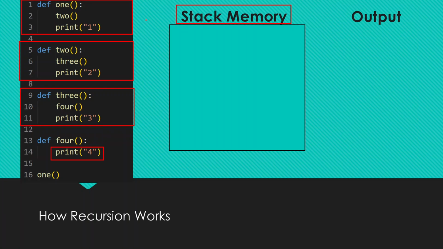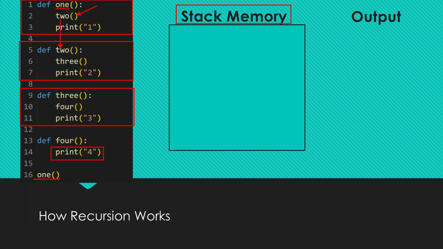So here we have this function 1 that we are calling on line number 16 here. So once we call function 1, it's going to go inside the body and it's going to call function 2. So it's going to transfer the execution to function 2.